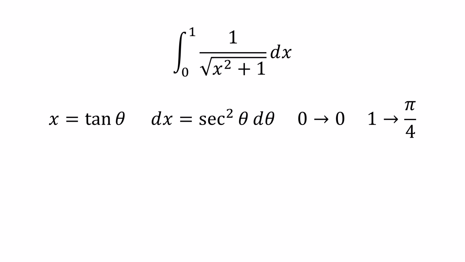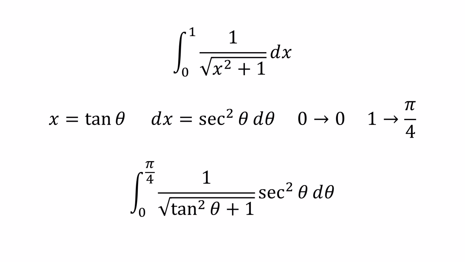Substituting everything into the integral, we obtain the integral from 0 to pi over 4 of 1 over the square root of tangent squared of theta plus 1, times secant squared of theta d theta.